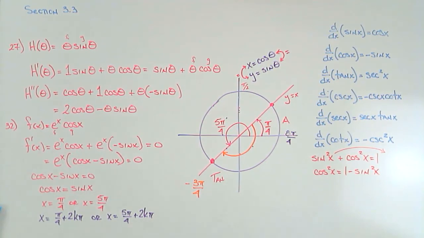If k is negative 1, let's take a look at this piece right here. We would have 5 pi over 4 plus 2 times negative 1 pi. That would be 5 pi over 4 minus 2 pi. That's 5 pi over 4 minus 8 pi over 4. Negative 3 pi over 4.